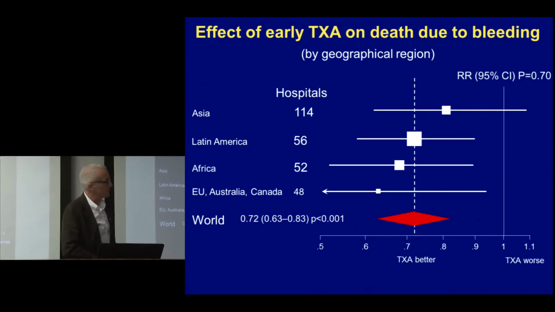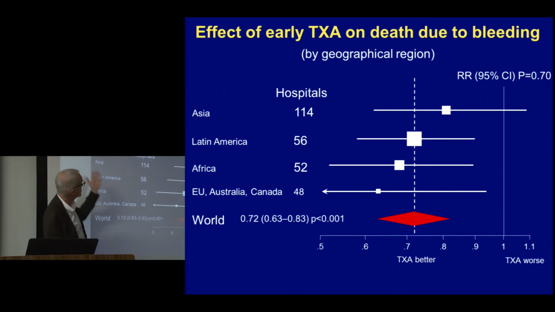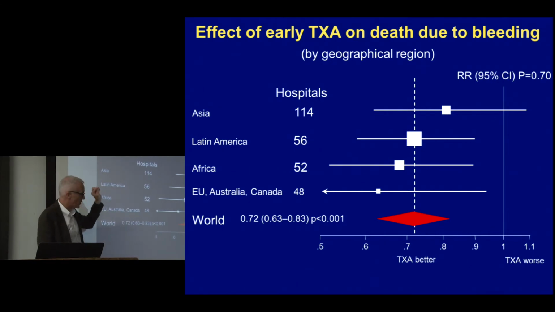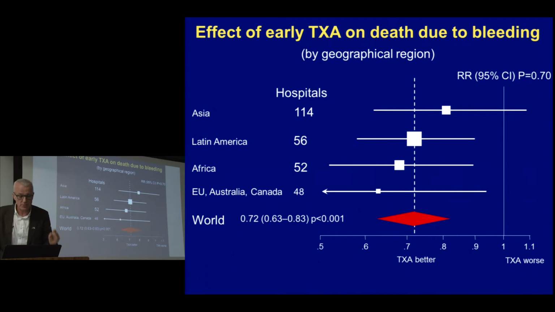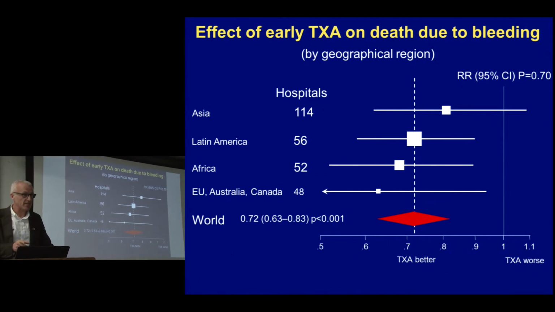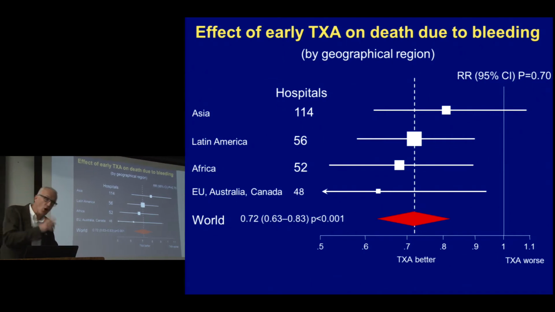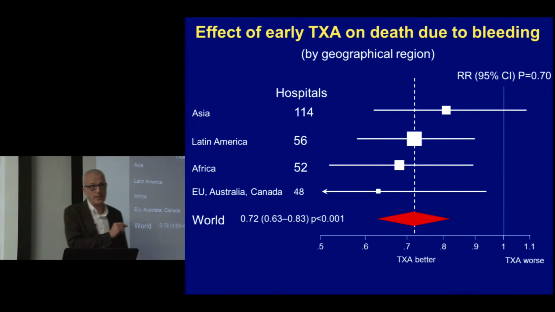And here is another example from my own research. We found in the CRASH-2 trial that this very cheap drug, tranexamic acid, reduces the risk of death due to bleeding in trauma patients. And we did cost-effectiveness analyses that show it's highly cost-effective. It's not more cost-effective than insecticide-treated bed nets.